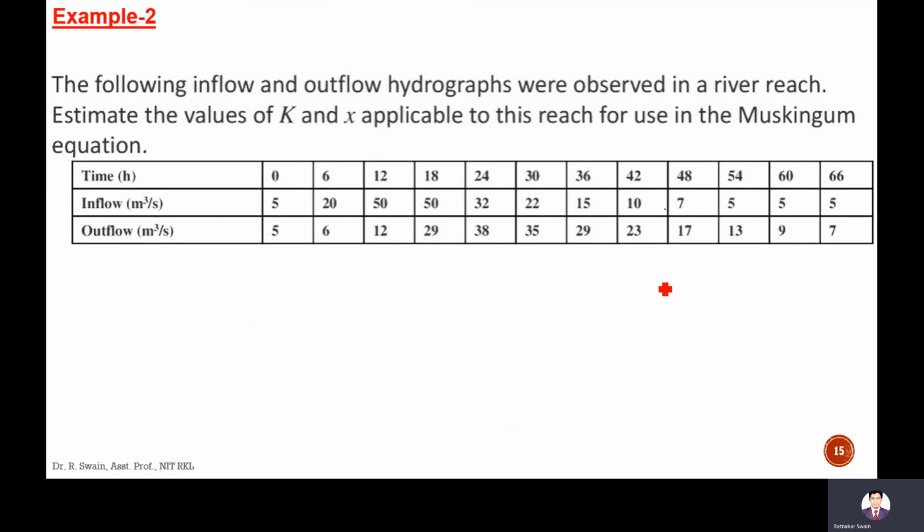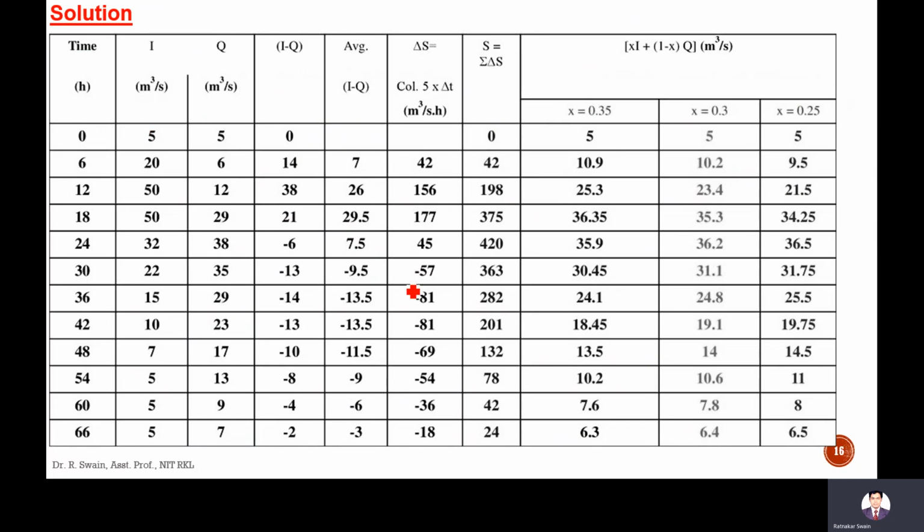Let's consider this example. The following inflow and outflow hydrographs were observed in a river. Estimate the values of K and x applicable to this reach using the Muskingum equation. The inflow hydrograph and outflow hydrograph are given for different time steps. The question asks us to calculate the K and x values. I and Q are given, so I minus Q and the average I minus Q can be calculated.